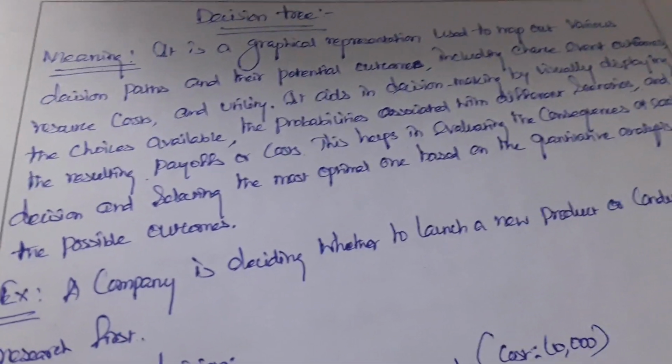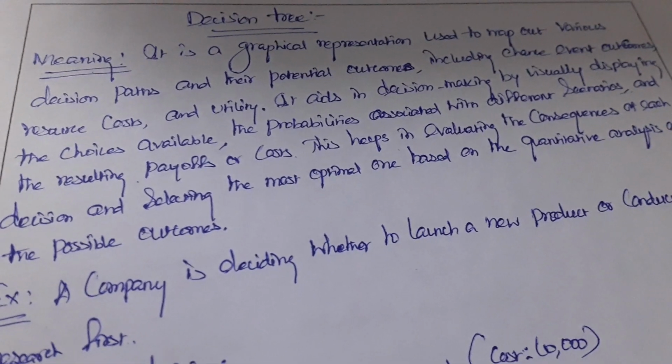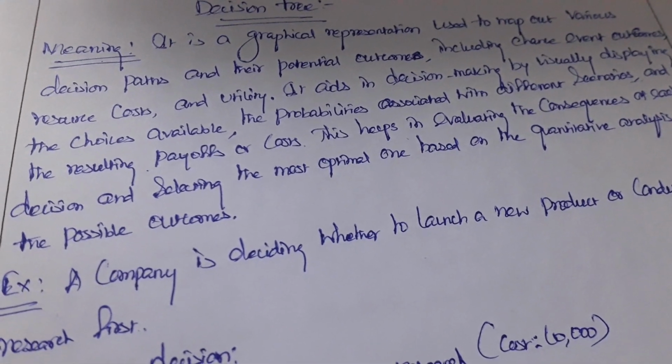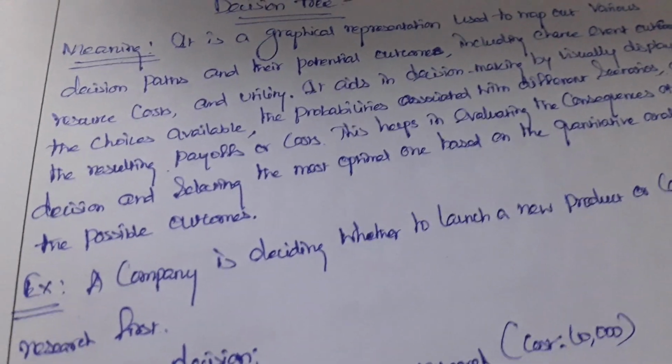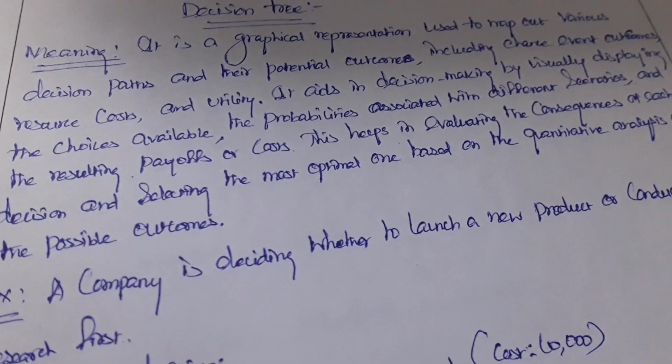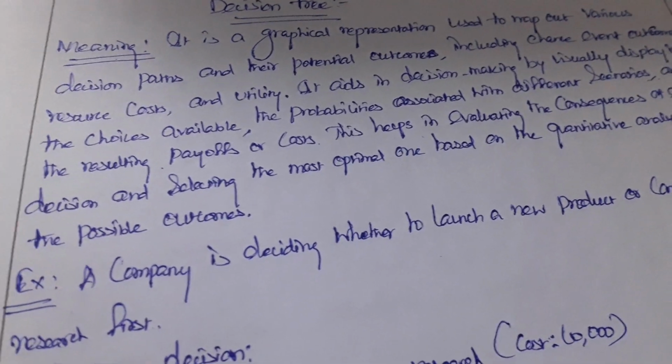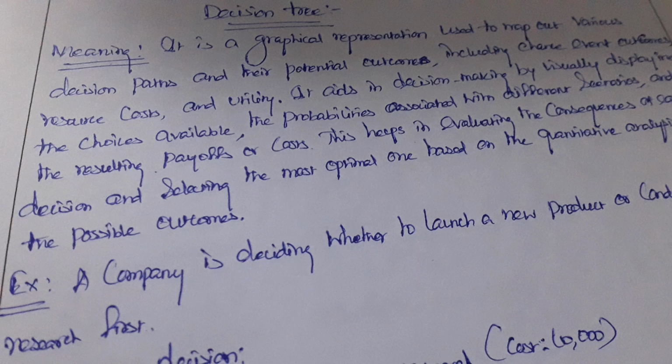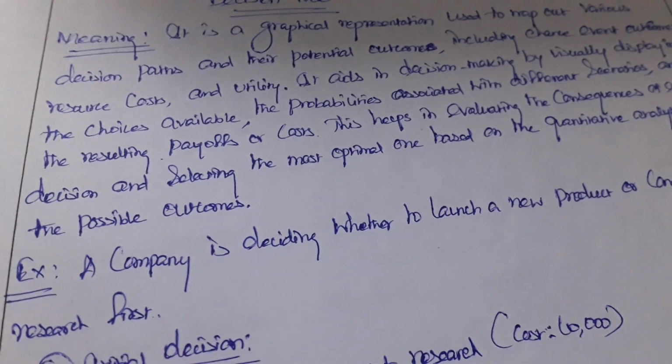A decision tree is a graphical representation which maps out the various decision paths and their potential outcomes concerning the event, the resource, and the utility.